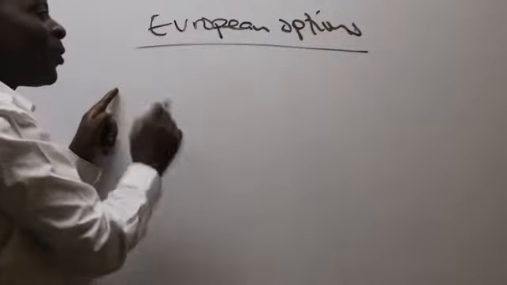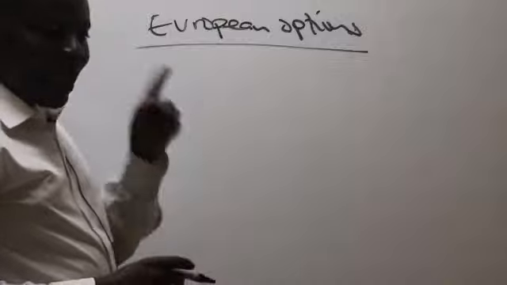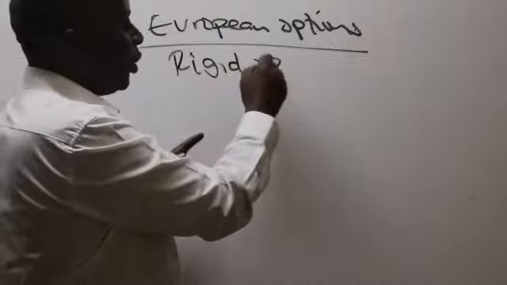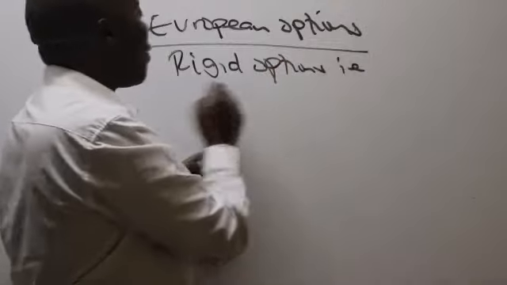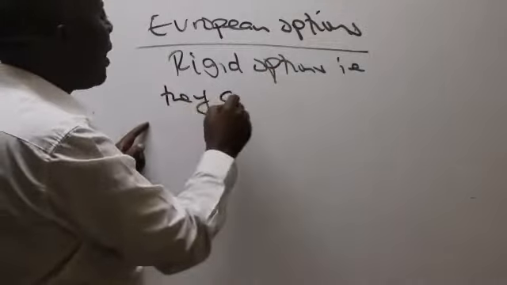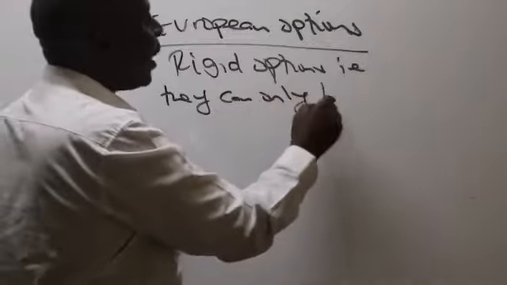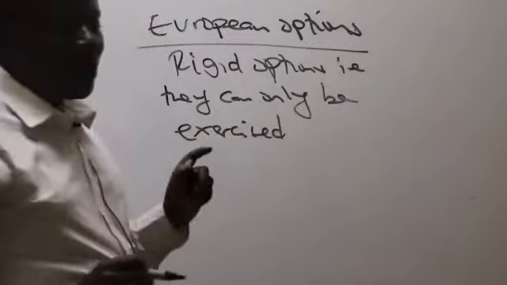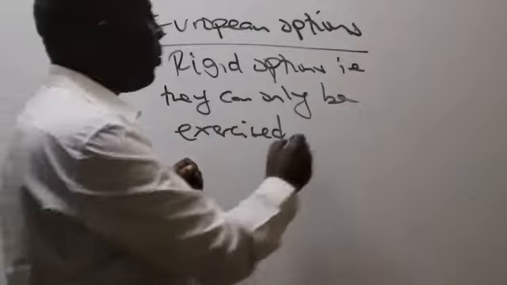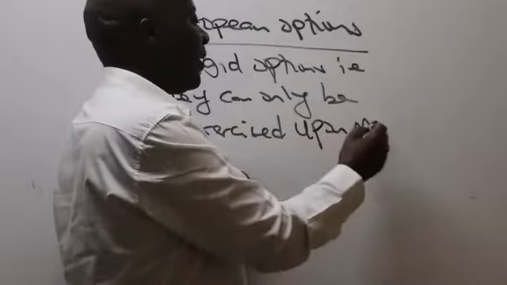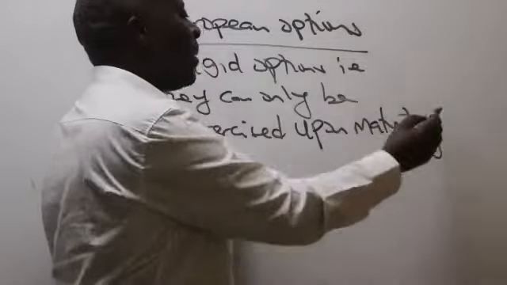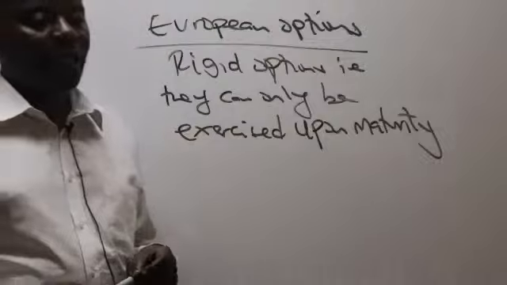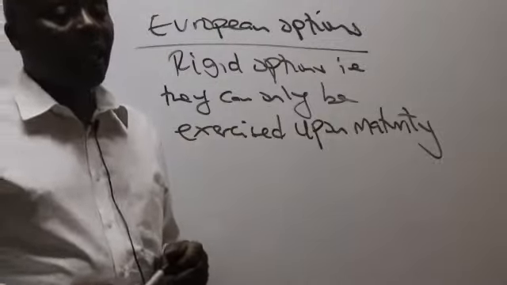These are those options which are very rigid, i.e. they can only be exercised upon maturity. They can only be exercised upon what? Maturity.